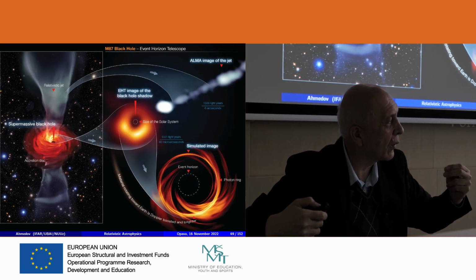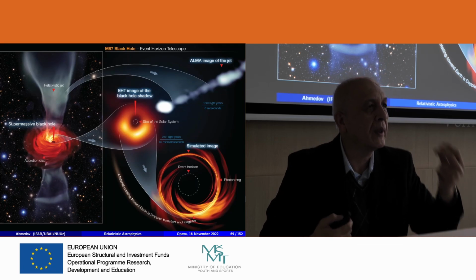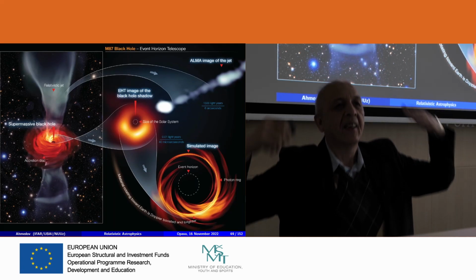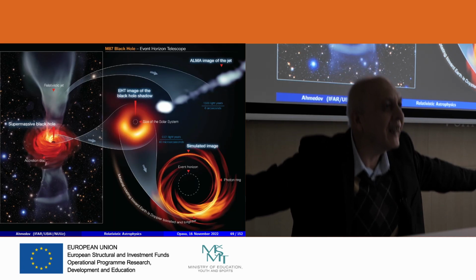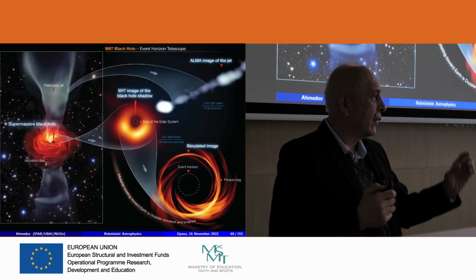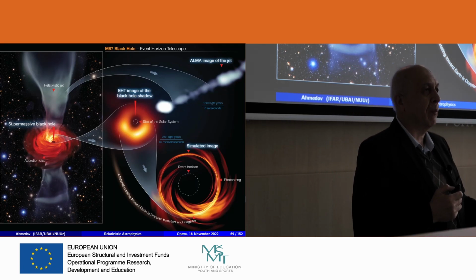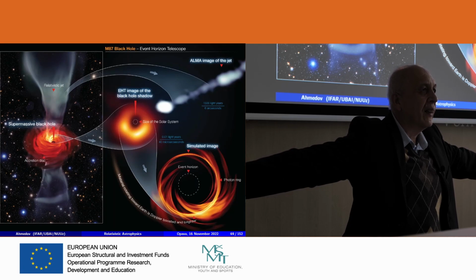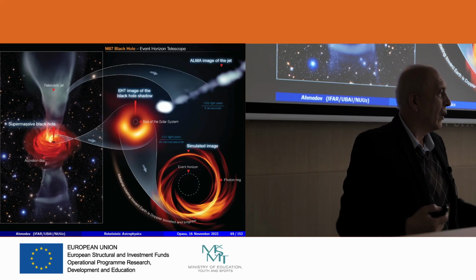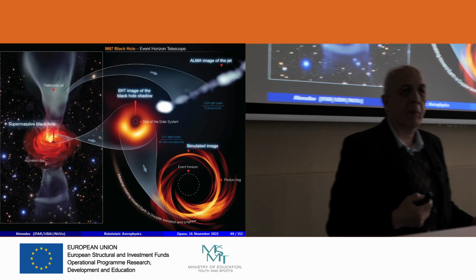The spin of the black hole can be observed through the dent of this donut. So if this donut is not a circle, then the black hole is spinning, but the size of the donut will give you the mass of the black hole. The bigger the hole of the donut, the more massive your supermassive black hole.